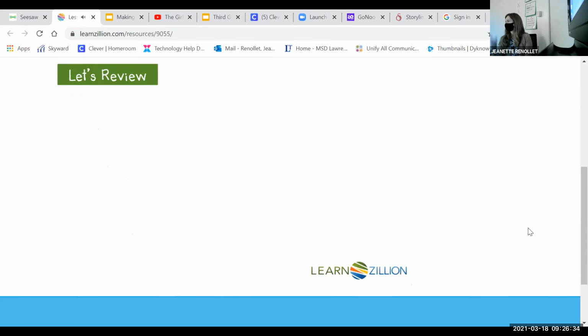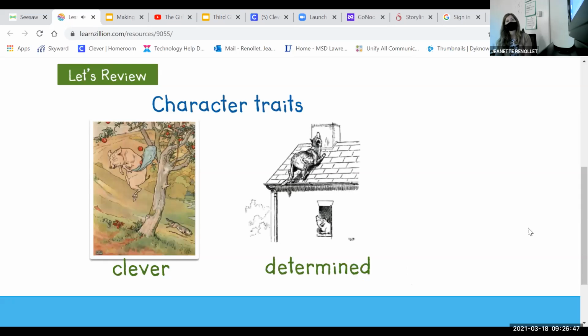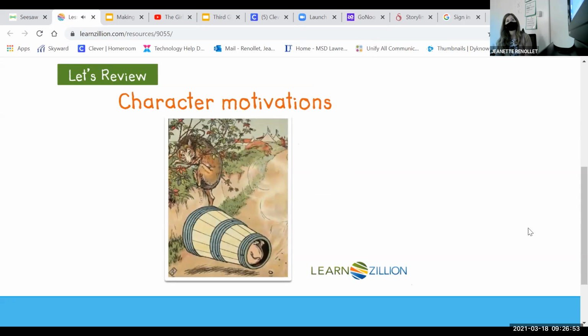Today, we're going to focus on characters' traits and motivations. Character traits are words that tell how a character looks or acts. For example, the third little pig is clever. The wolf is determined. Character motivations are the reasons characters do things. The third little pig's motivation for getting in the butter churn was to hide from the wolf. Hiding from the wolf was the reason the third little pig got inside the butter churn.